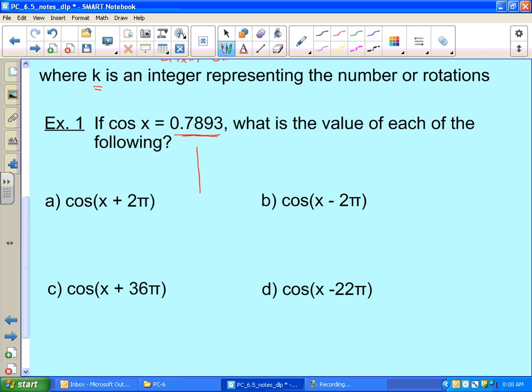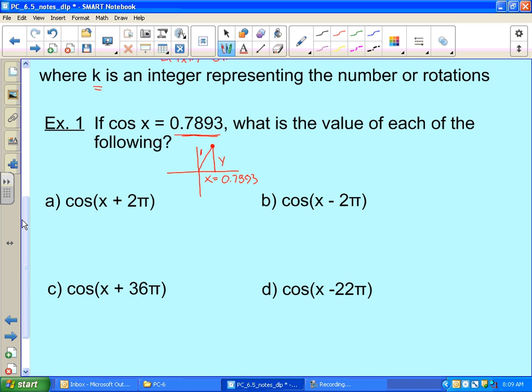In a real quick sketch, 0.7893, maybe right there. There's my little diagram, there's my unit radius length of 1, and then my x value would be this 0.7893. There's my x to r ratio for cosine.